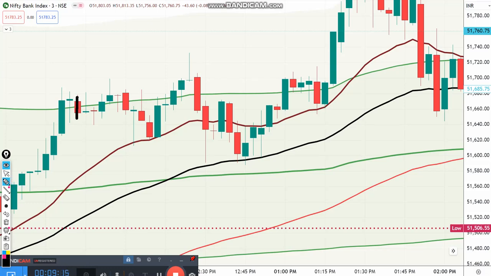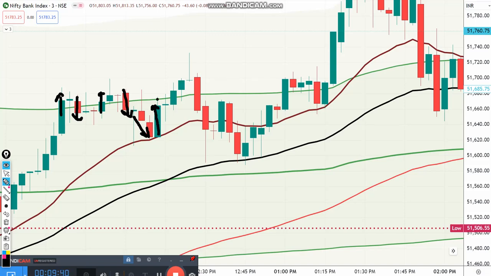So this is the first rejection. It tried to break the VWAP band and went above it here, first case. That rejection again here. So this is up, this is down, again up above the VWAP band, again down. So the market came back to 21 again, and there was support from 21 EMA.